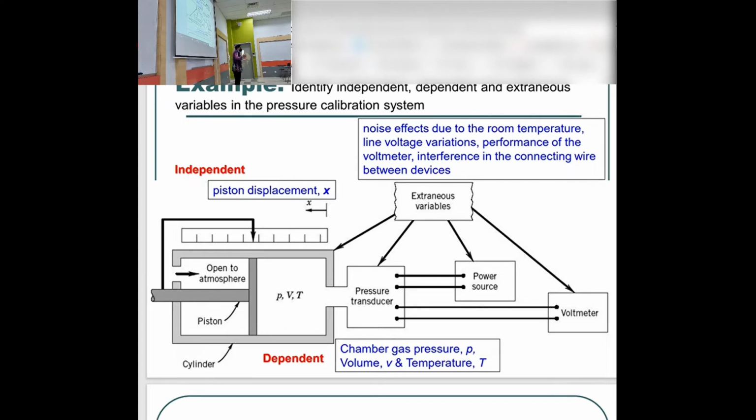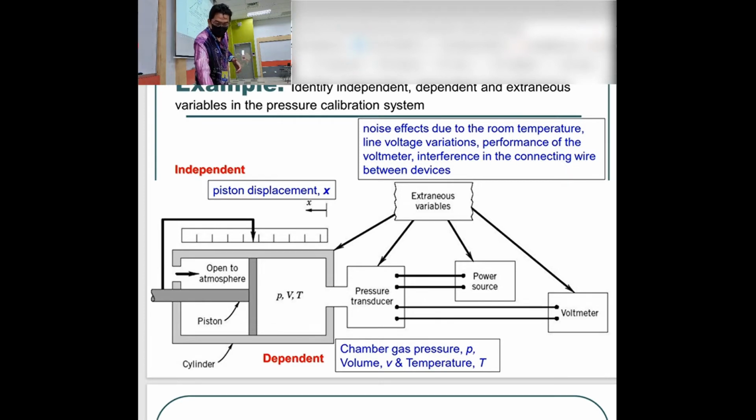But the extraneous variables are external. You don't know what happened. It might give effect to the system, or it might not. But the more you understand the extraneous, the better the system is, because it will give effect. Saya dah mark kat situ hujung sana. Noise can give interference to the system. Noise and interference. Okay.